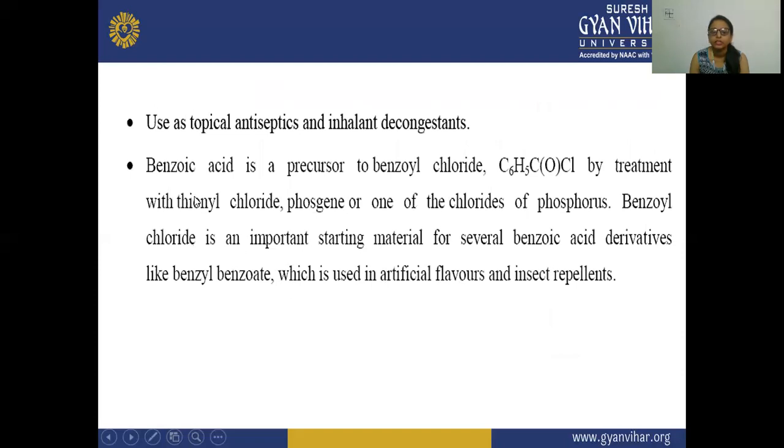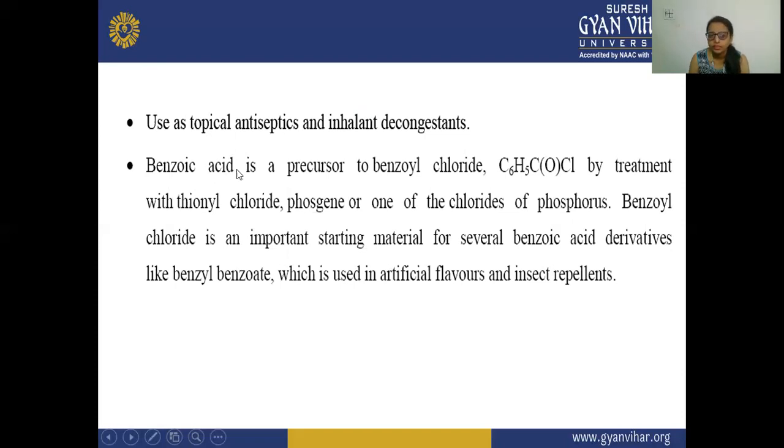Next, it is used as a topical antiseptic and inhalant decongestant. It is used in antiseptics, and it is used as an inhalant decongestant. That means it is also used in decongestant drugs and medicines.